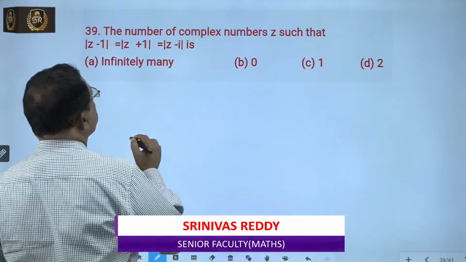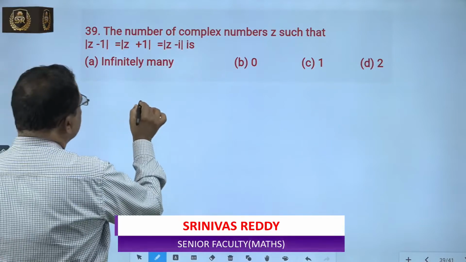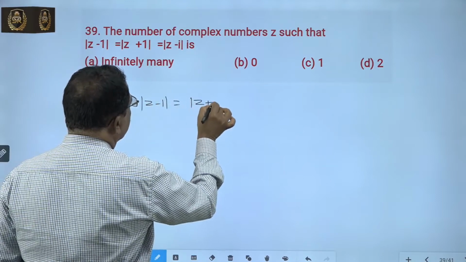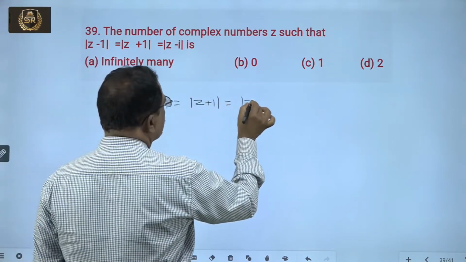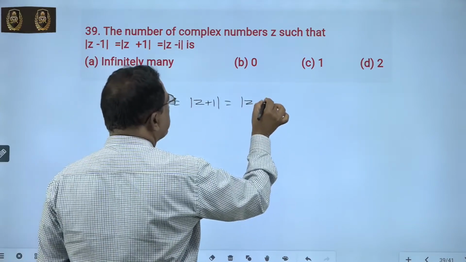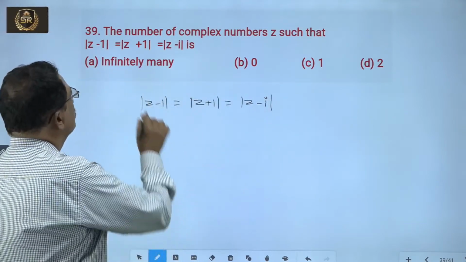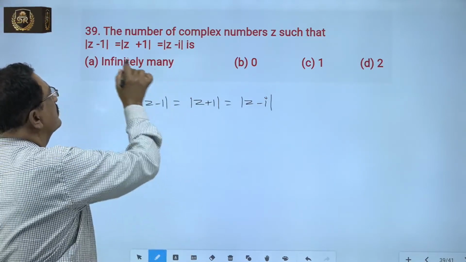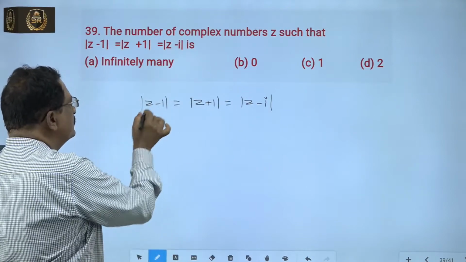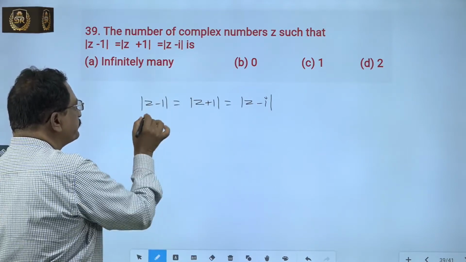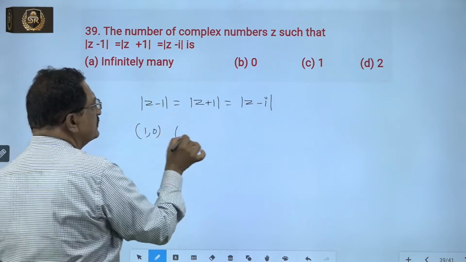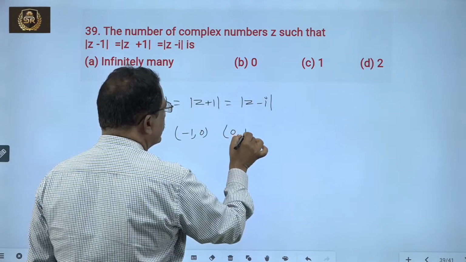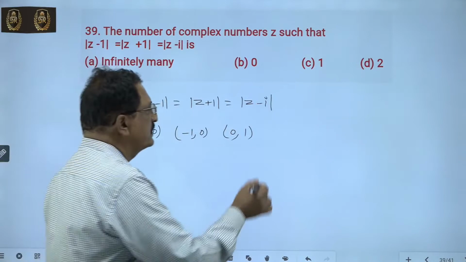Next, 39. The complex number z such that mod of z minus 1 equals mod of z plus 1 equals mod of z minus i. The number of complex numbers z such that this holds. Now, it is nothing but the distance between z and 1 comma 0, minus 1 comma 0 and 0 comma 1. Now, observe it.